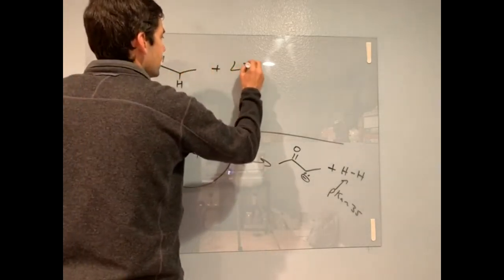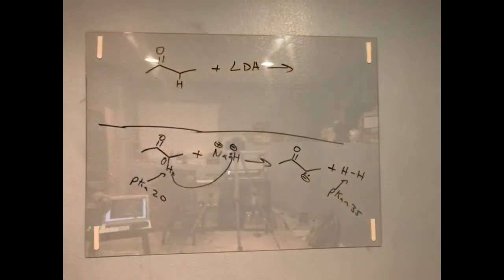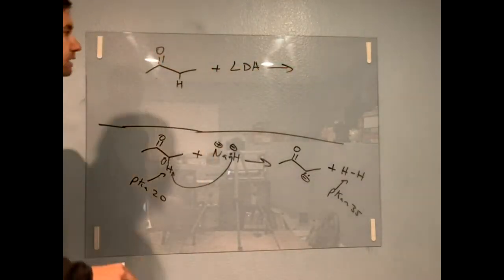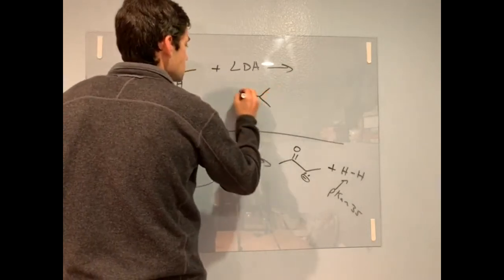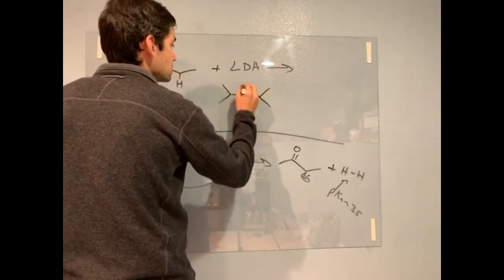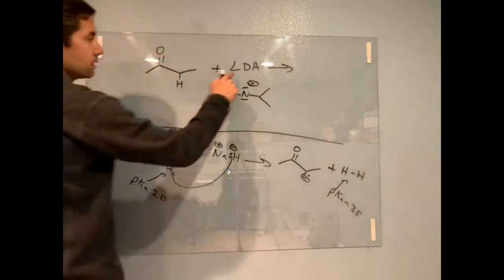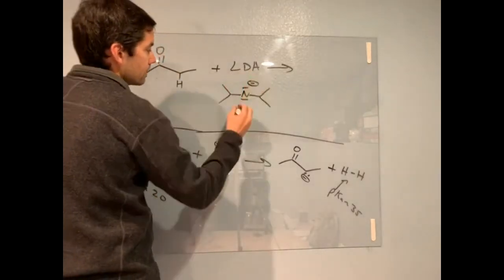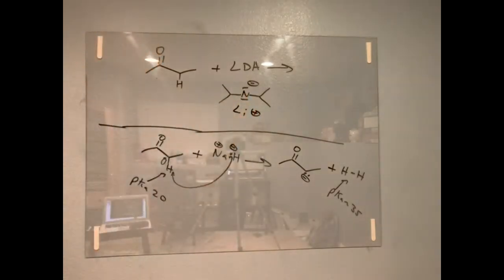It's going to be LDA. It's lithium diisopropyl amide, right? And again, we'll just write LDA. It's a little bit simpler. We can draw the structure of it. And it's lithium diisopropyl amide. And so we're going to have a lithium complex here, right? It's a salt.